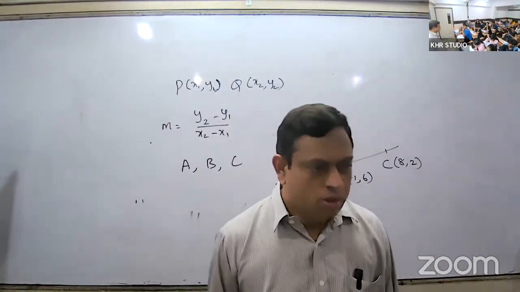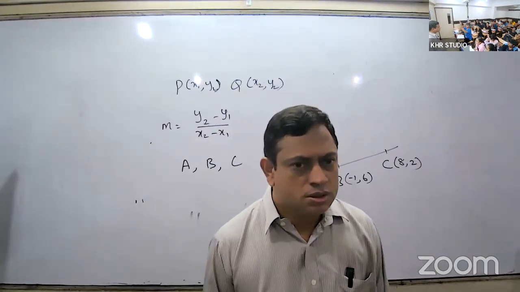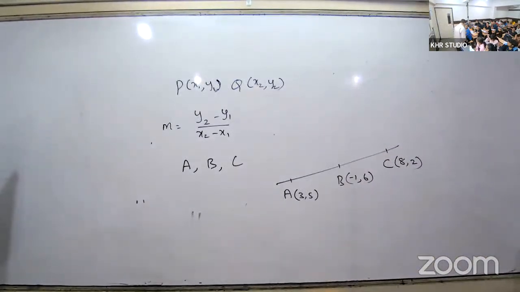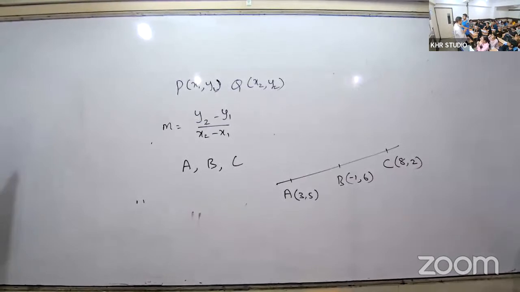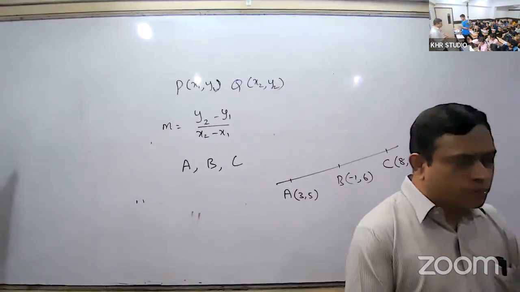Have you followed? How do you prove it is a rhombus? You prove the opposite side slopes are equal, so it is a parallelogram, and the diagonals are perpendicular.